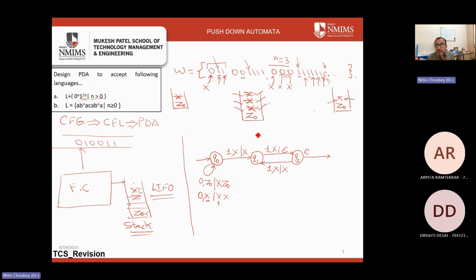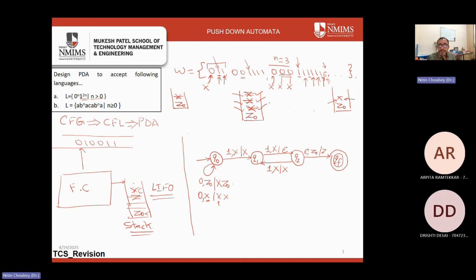So the stack top should be Z0. If the string is valid, when your ones are over, that means you are getting epsilon in the string, and the stack top should be Z0. Only in that case must you move to the final state. We are referring to QF as the final state here.